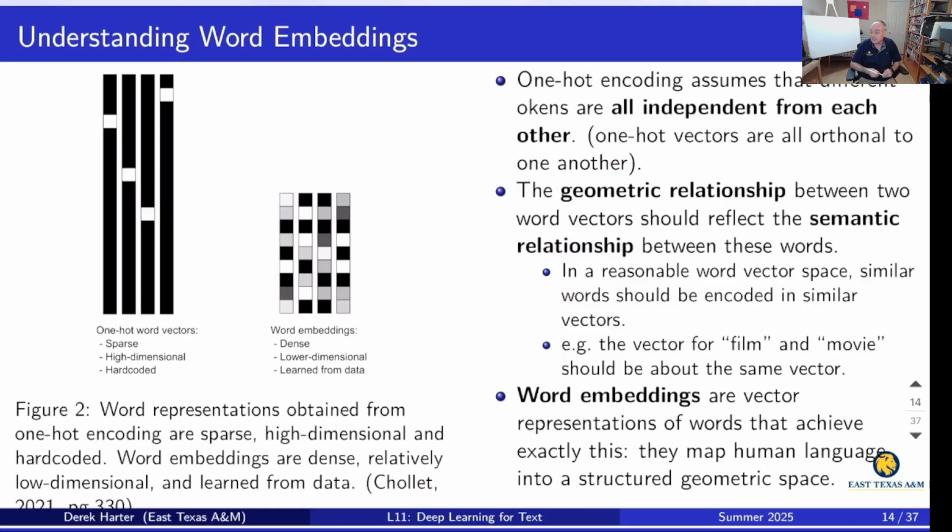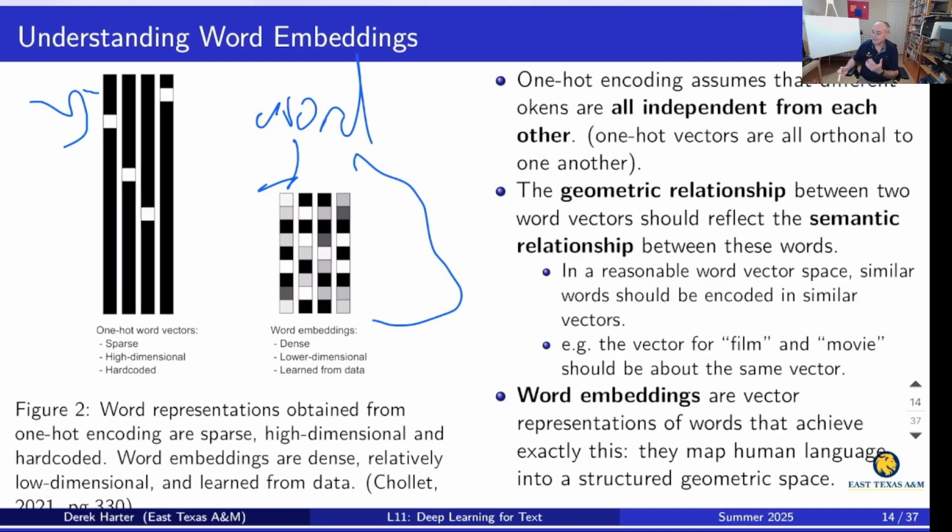They're vector representations of words that achieve that. They map tokens in a human language into a structured geometric space that's not sparse. On the diagram over here, you can think of the one-hot encodings as the things on the left: a big sparse vector with one single 1 in there. What we really want is a much denser representation. In this case, each one of these columns still represents a word, but it's not going to be sparse.